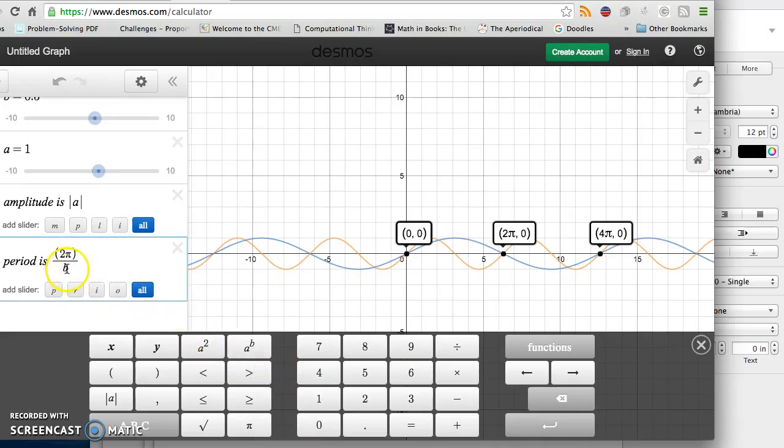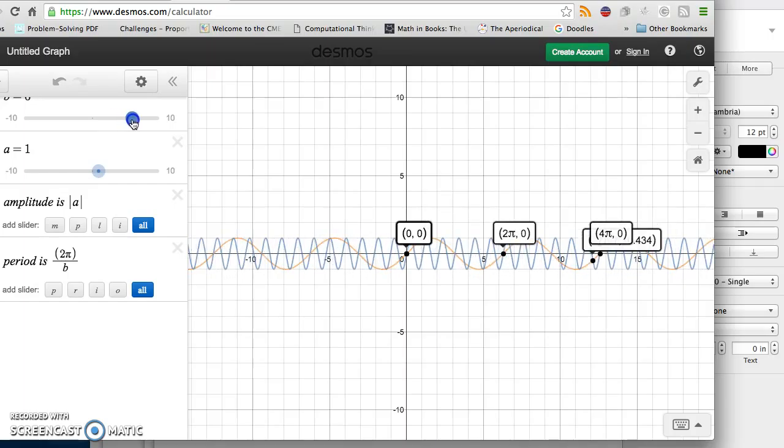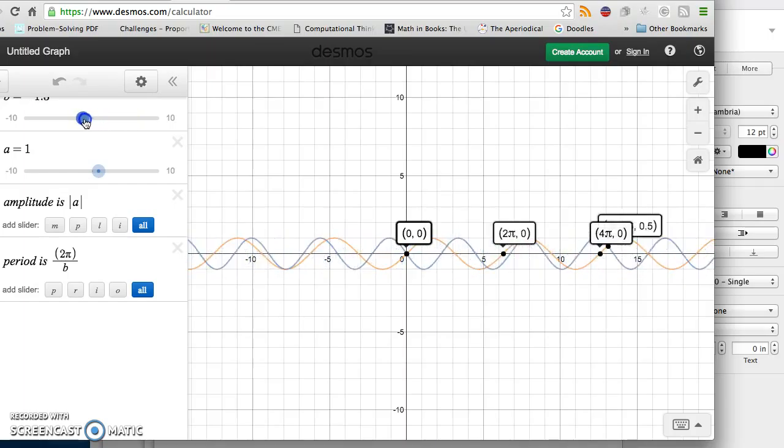If b gets bigger, the period gets smaller. If b gets smaller, the period gets bigger. Notice that a small period looks like this, and a large period looks like this.